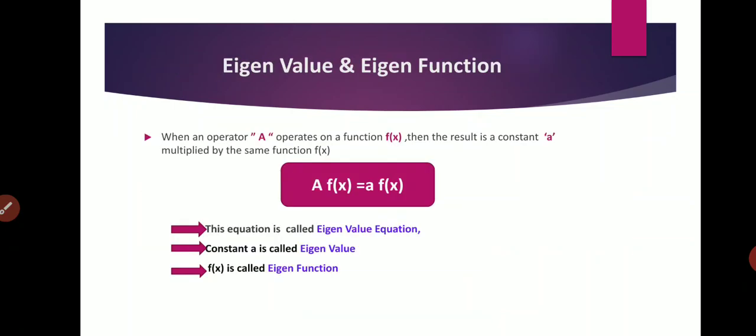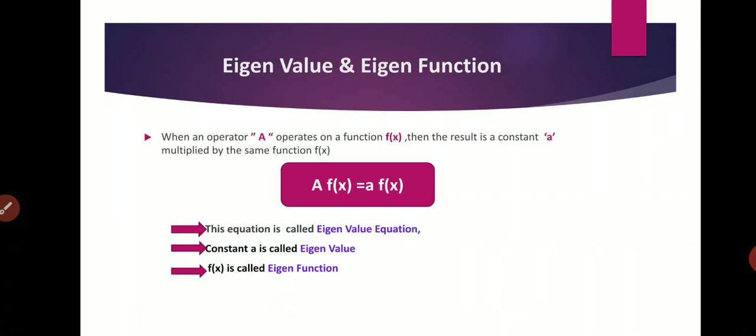Next is eigenvalue and eigenfunction. When an operator A operates on a function f of x, then the result is a constant a multiplied by the same function f of x. Here A is the operator. With this operator, we are operating on the function f of x.